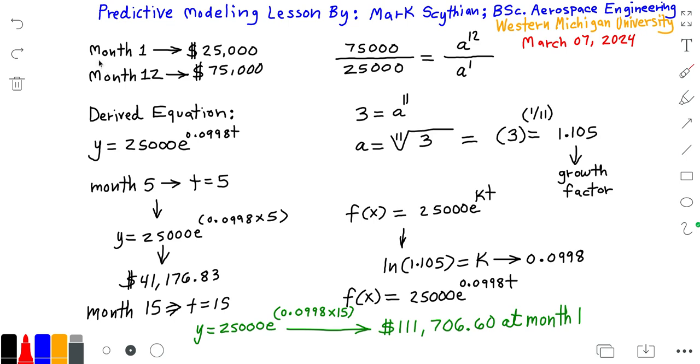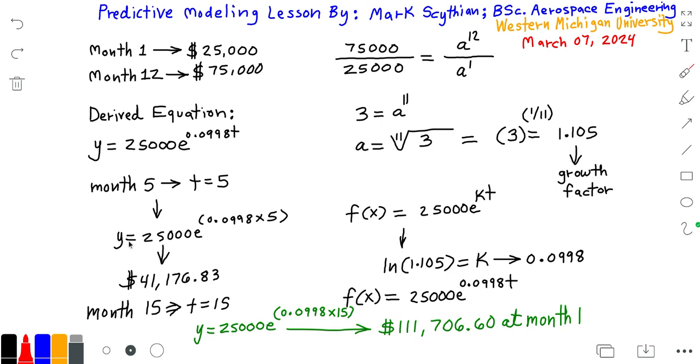So upon spot checking the equation for the revenue at month number 5 based on the yearly pattern, month 5, represented by t is equal to 5, is entered into the equation.